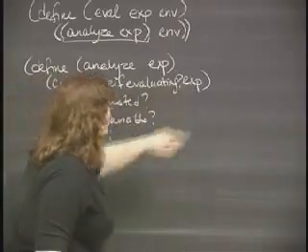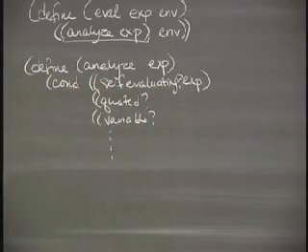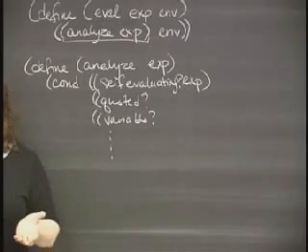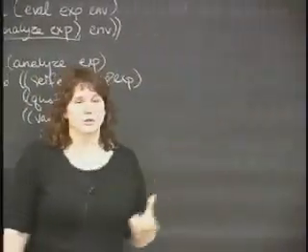So if we've got something that's self-evaluating, so a number evaluates to itself, what we're going to return from analysis is a procedure that takes an environment. Okay. What does a number evaluate to, or a symbol? Itself. So what would this lambda expression that we want to return look like?